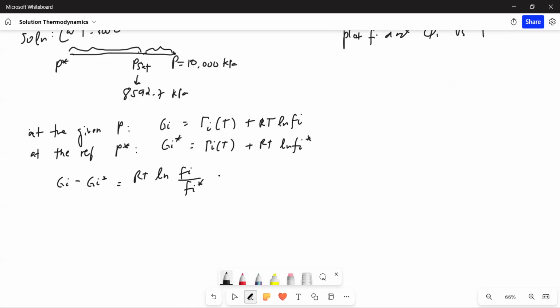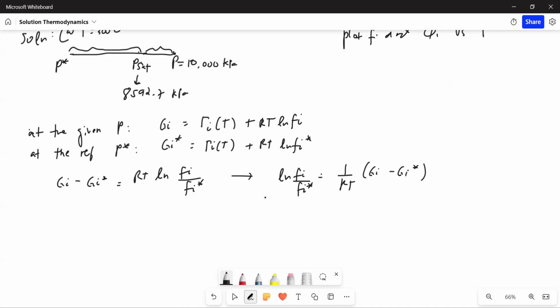We isolate the natural log on one side, so that would give us 1 over RT times G sub i minus G sub i star.